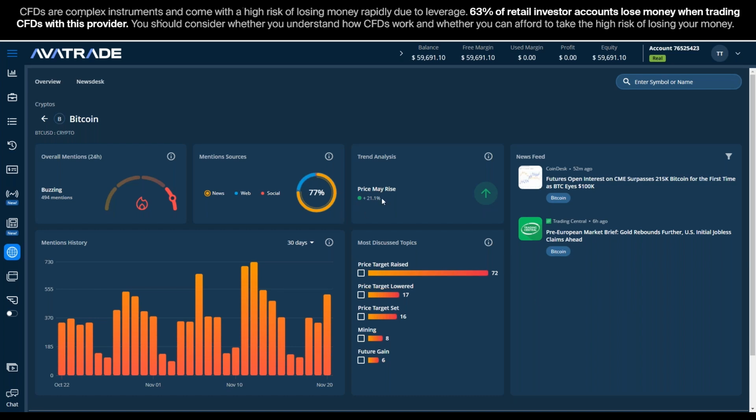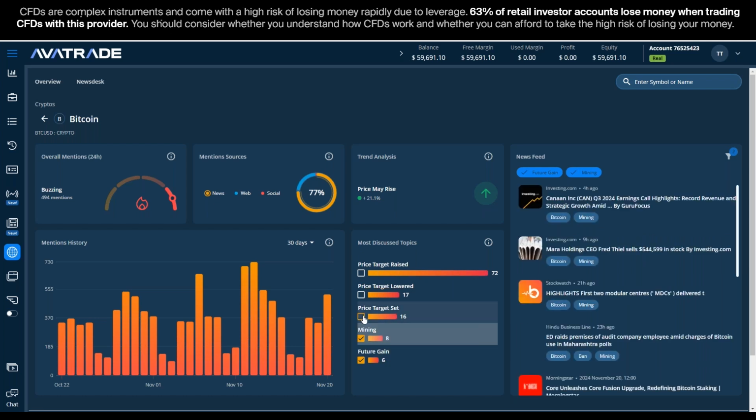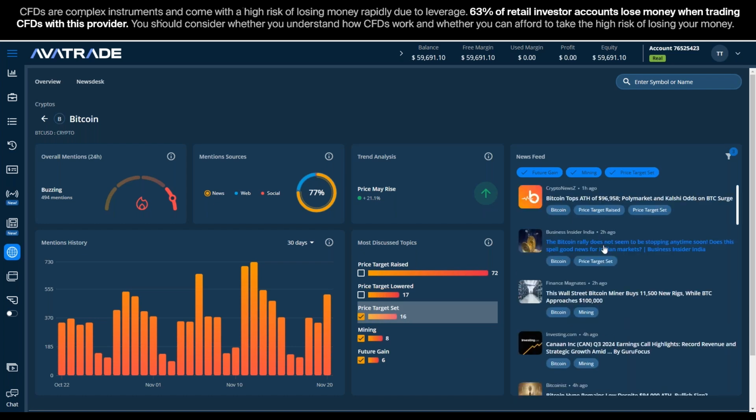The trend analysis says the price may rise 21.1%, okay? We can start to look and see what kind of articles are here in different categories. Sometimes you have to collapse these categories to the side to see all the articles. And, you know, it wasn't that long ago, there were articles about Donald Trump's platform with him winning the election in the US, that he's more pro crypto and pro Bitcoin than the other side that lost.